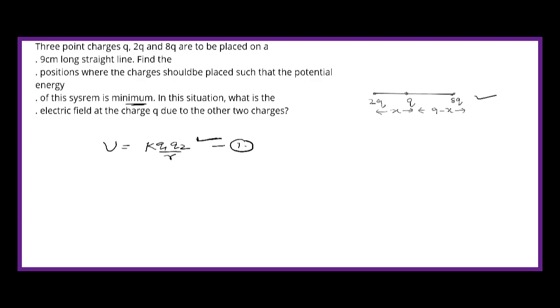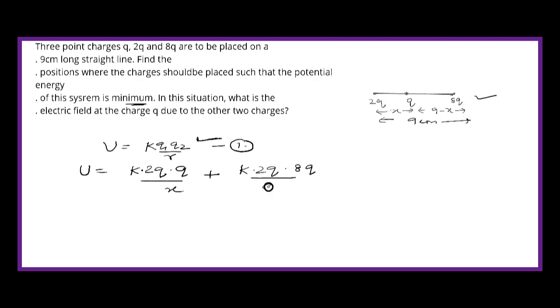So first calculate your potential energy. U is equal to K times 2Q times Q divided by x, plus K times 2Q times 8Q divided by 9, the complete 9 centimeter.